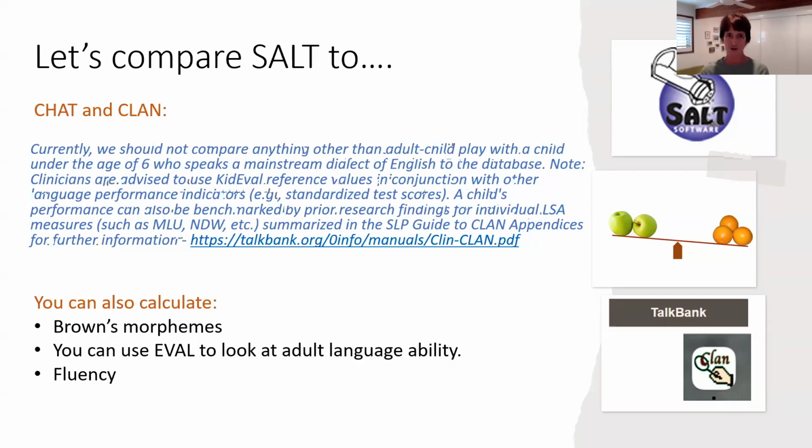But if you wanted to compare it to peers or local benchmarks, there are some restrictions there. You can calculate Brown's morphemes, and you can use EVAL, so not KidEval, but EVAL, to look at adult language ability. And they also have a really cool program that looks at fluency.